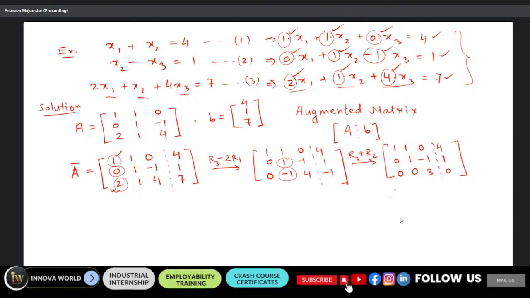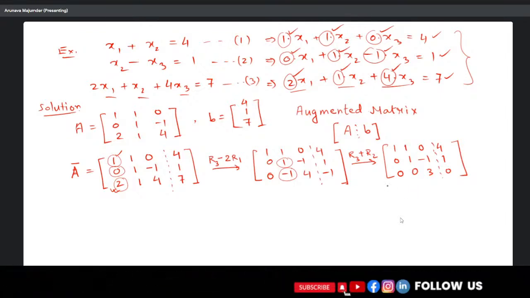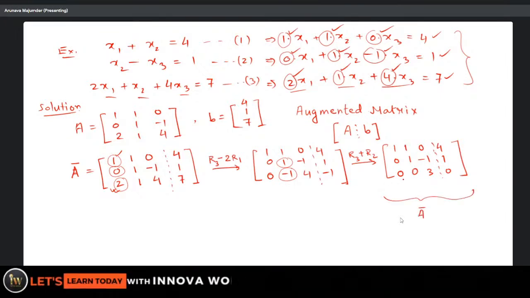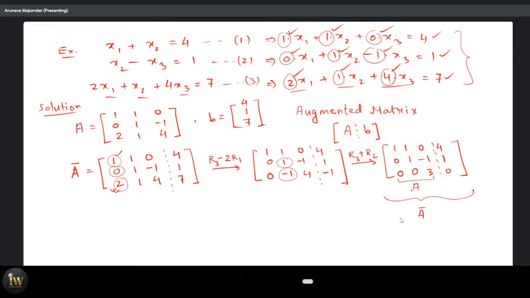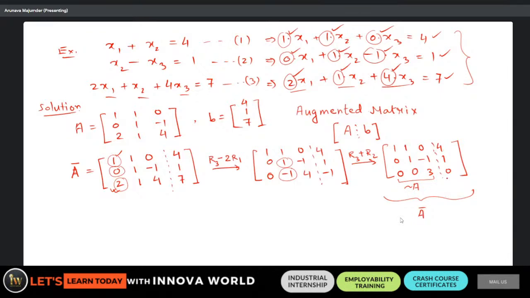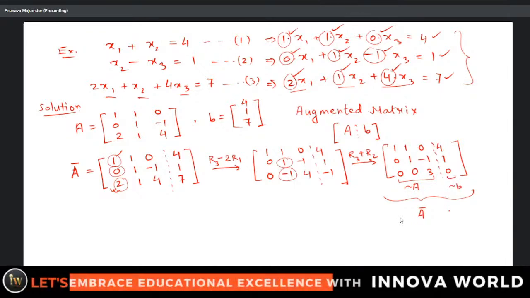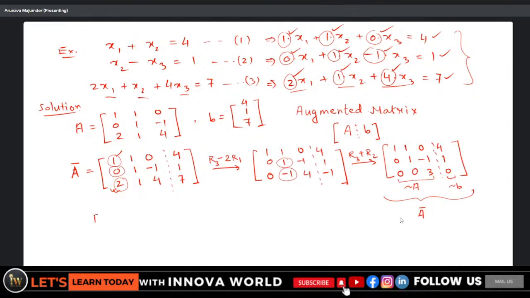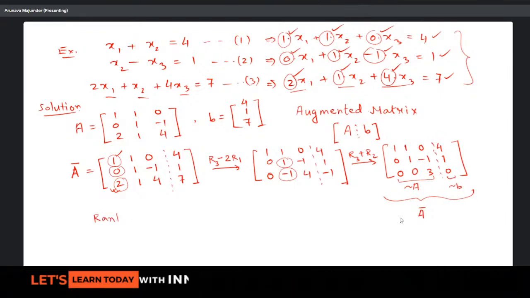Now here you can see that the entire matrix is the augmented matrix A bar. This matrix is equivalent to the A matrix, and this is the equivalent matrix of B, right? So we need to check first what is the rank of A bar. Can you tell me the rank of A bar?